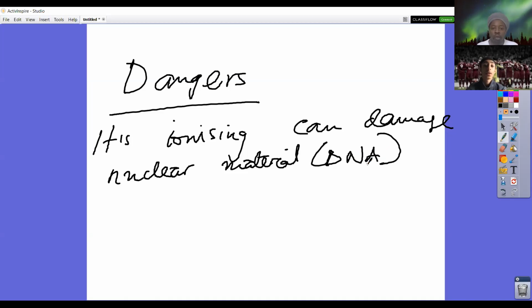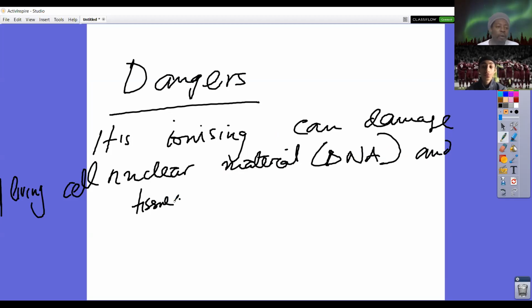The key word you should never say is that it kills cells. You say it can damage living cell nuclear material and tissue. Alpha particles are not as penetrating, but when they encounter your skin, it's almost like a little bullet hole in your cell.